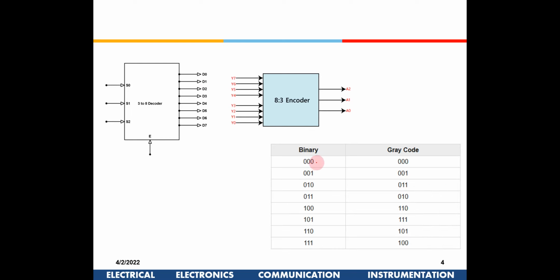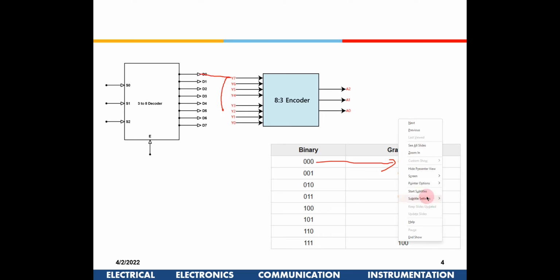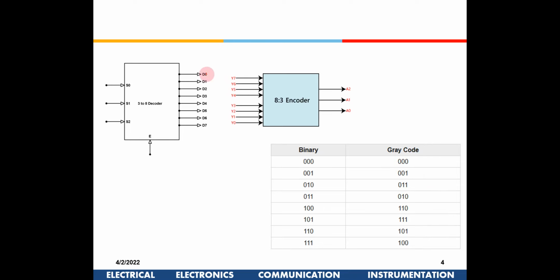Right, for 00 it is 000 here. So I am going to connect D0 to Y0 out here, right?